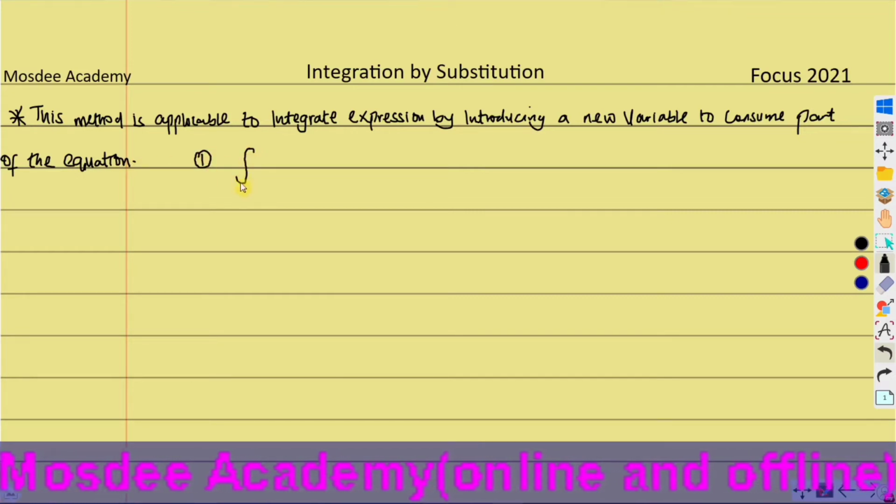The first one says we have the integral of tan x dx. As we have already studied, tan x does not have a direct formula like differentiation. So in this case, we are going to apply our trigonometry knowledge to solve this type of question.